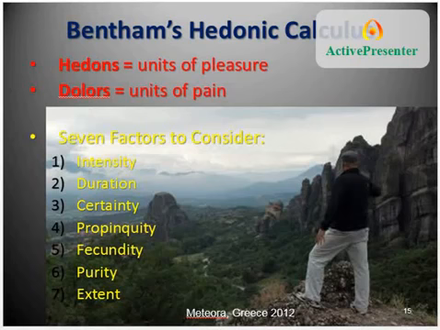Bentham said there are 7 factors to consider: the intensity, duration, certainty, propinquity, fecundity, purity, and extent. Now, on your midterm and final, if I give you a case and I want you to do a hedonic calculus for that case, you do not have to have all 7 of these memorized. Just keep them in mind, so you can kind of gauge it.